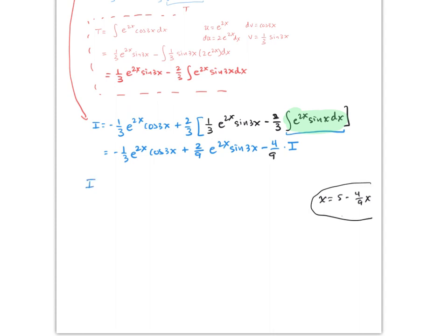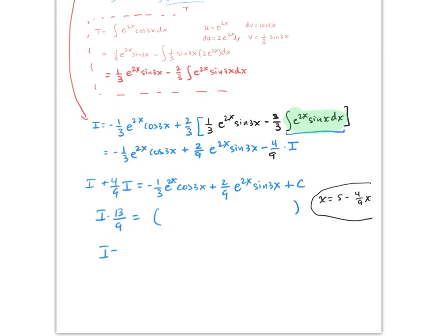You'll have I plus 4/9 I equals all of this, e to the 2x cosine 3x plus 2/9 e to the 2x sine 3x plus a constant. So you combine this, you end up with I times 13/9 equals all of this.